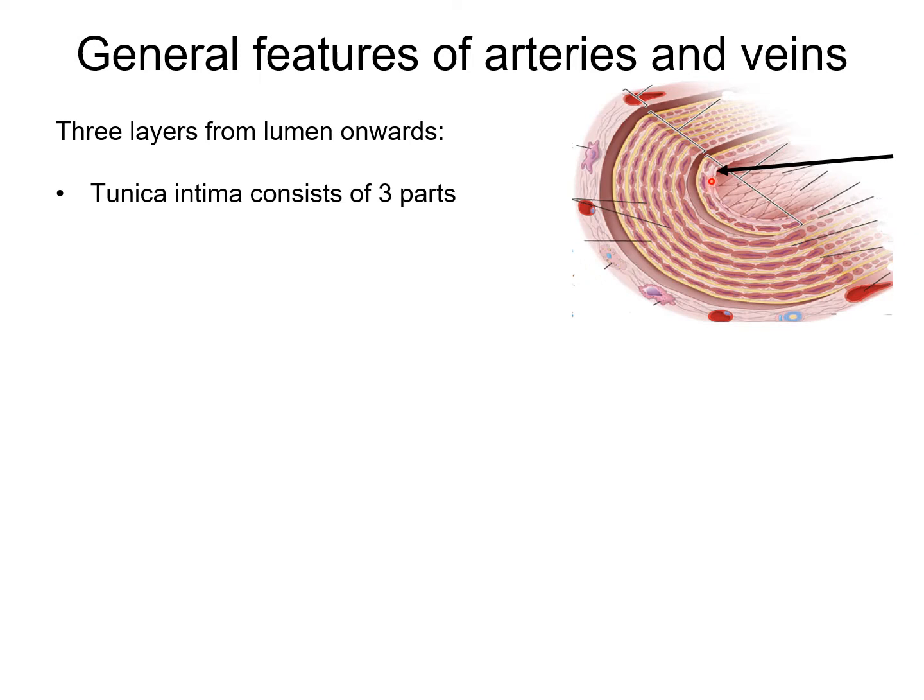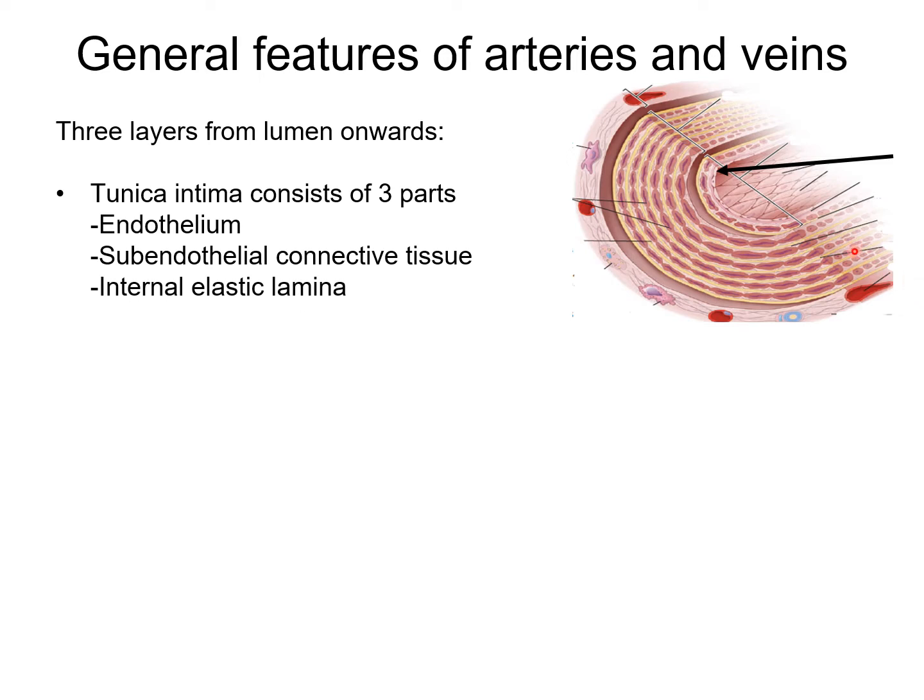The tunica intima consists of three parts: the endothelium, which is simple squamous epithelium; subendothelial connective tissue, just below the endothelium, with some collagen fibers and reticular fibers; and the internal elastic lamina.